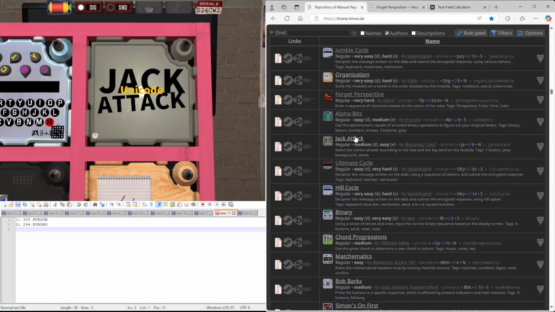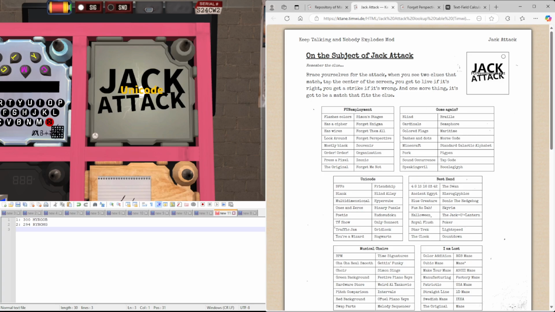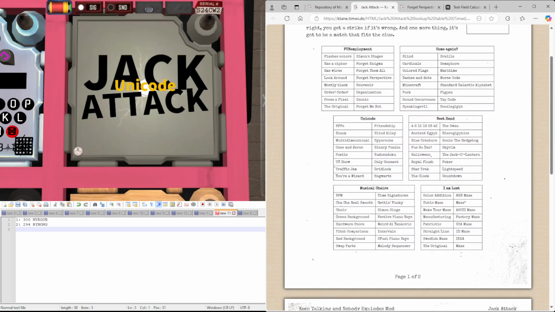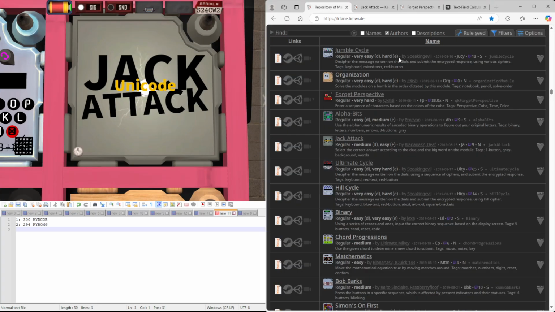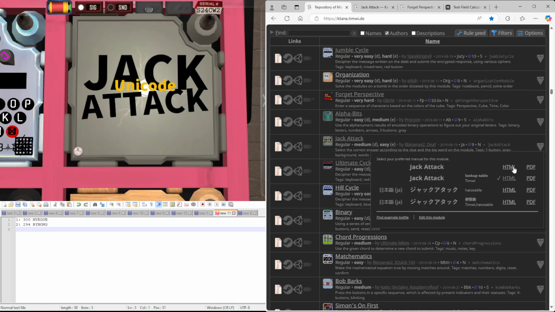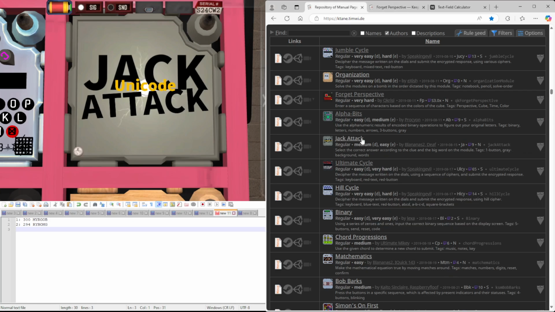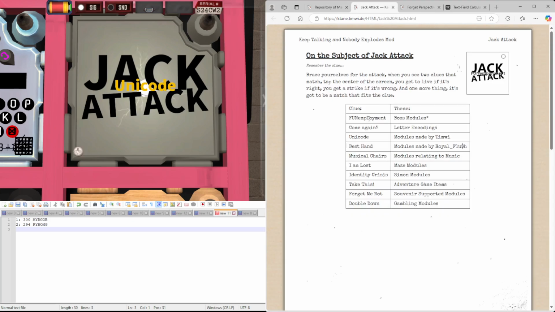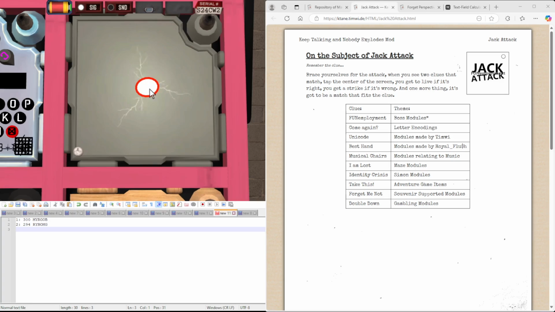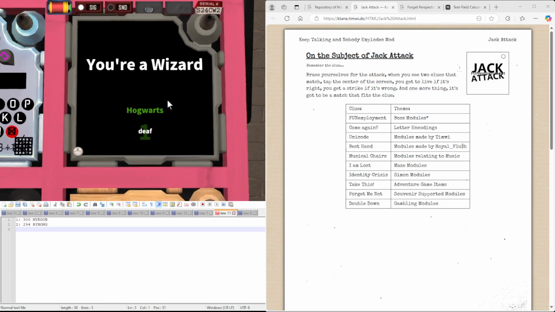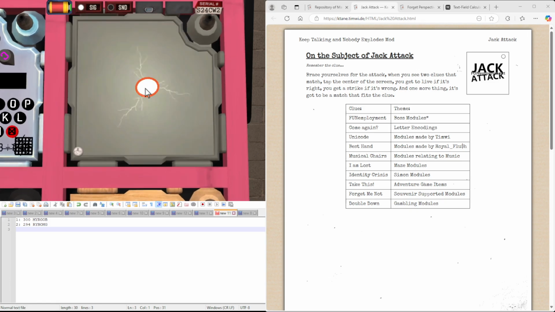We have Jack Attack now. It's a Unicode. Is this an optimized manual? Yes. So to try and do this on memory then. Traffic jam, that's gridlock. Friendship.